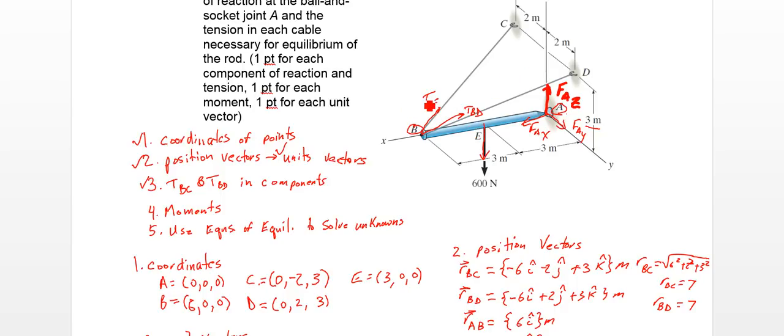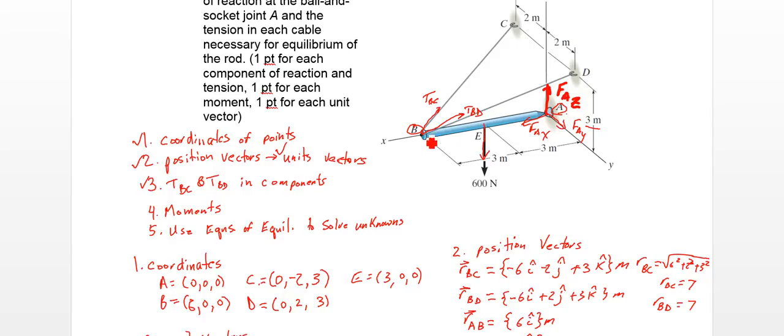We could take tension BC and cross it with this position vector. Position vector RAB crossed with force BC gets us our moment around A due to BC. Then we could do that again, RAB crossed with the force BD, and that gets us our moment from BD around A.